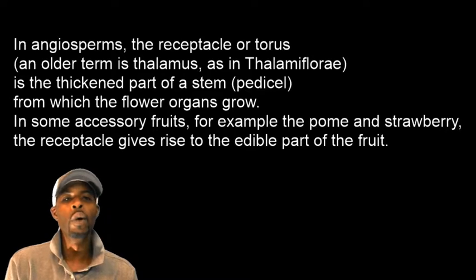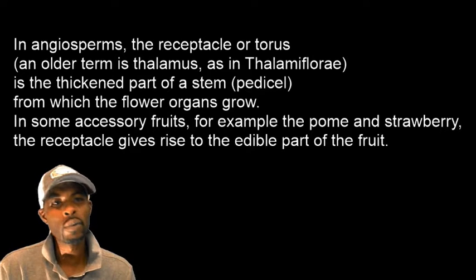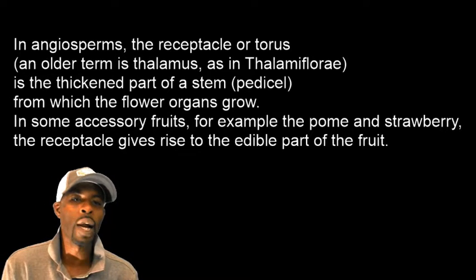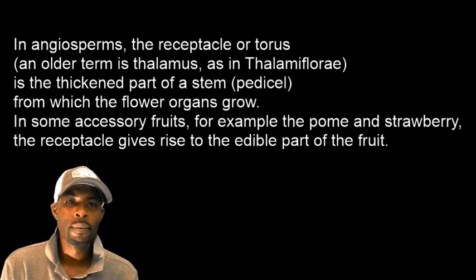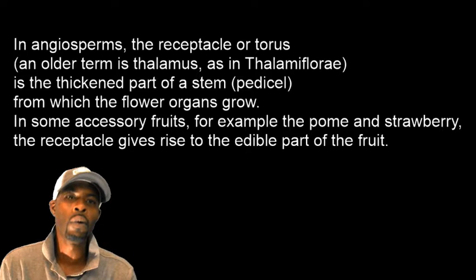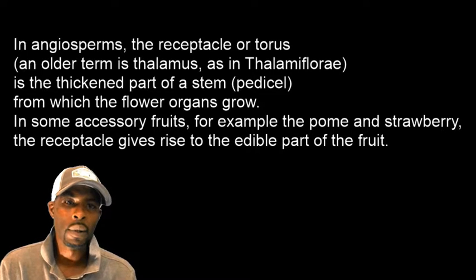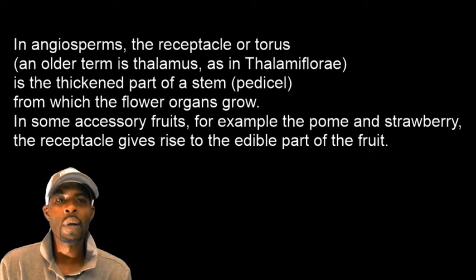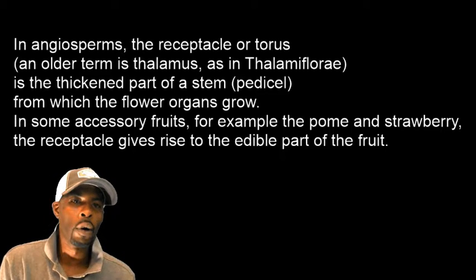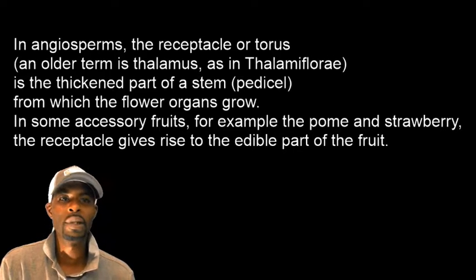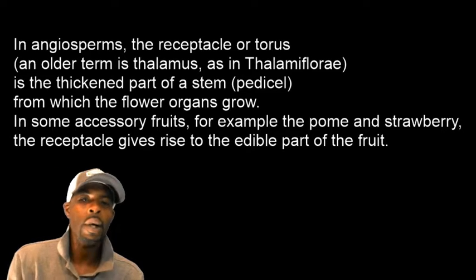So the receptacle also gives rise to something. You following it so far? The receptacle is also a word for the torus, and the word torus comes from the older term thalamus. So let's continue.